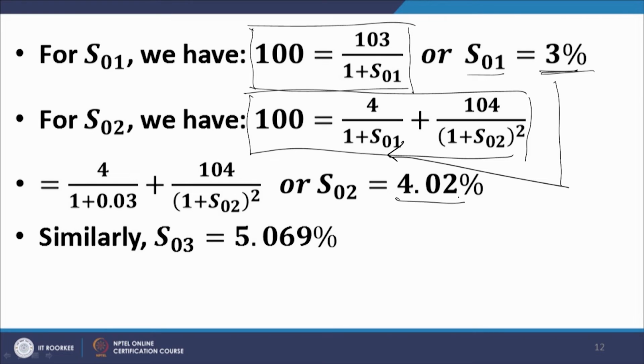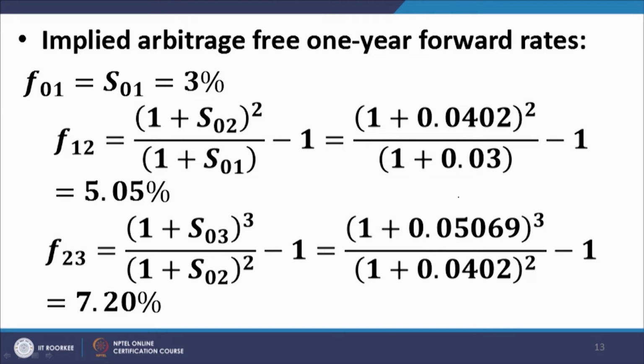So, the par rate spectrum has now been translated to the spot rate spectrum. The spot rate for 1 year is 3%, for 2 years is 4.02%, and for 3 years is 5.069%. This enables us to arrive at the arbitrage free forward rate spectrum.